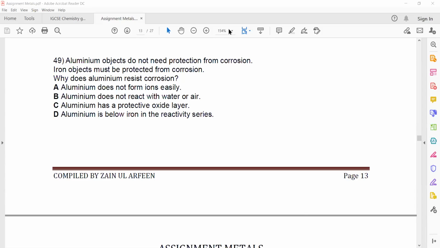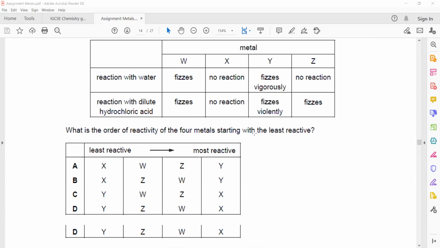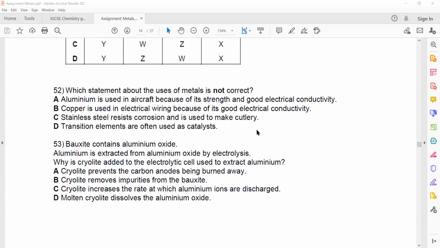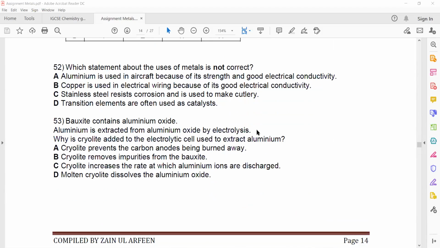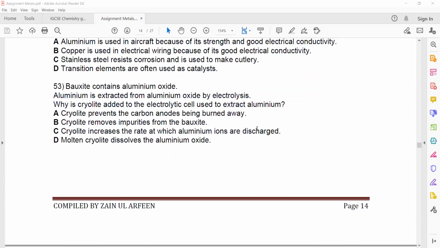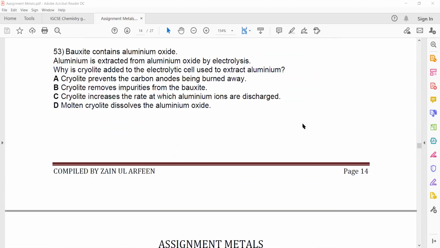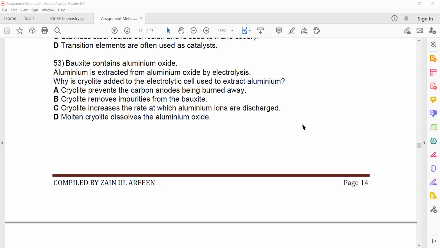Because it has a protective oxide layer. That's why aluminium does not rust or corrode. Question 53. Then we'll do the structure questions of this topic.